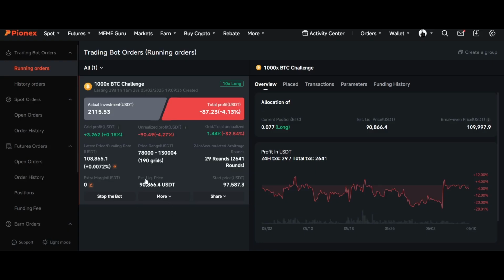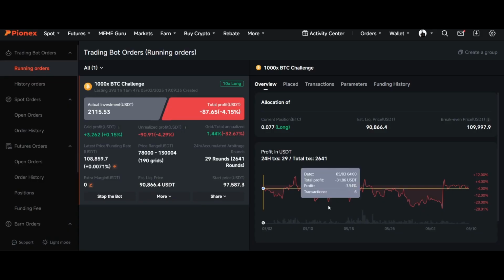And back then we had our liquidation price to 90K, okay, and we were down here. We were like minus 600 USDT from the 2K, so we were like 1.5K, 1.4K.